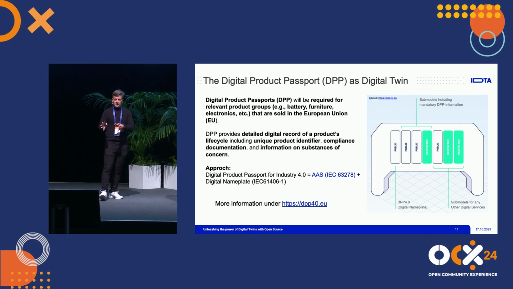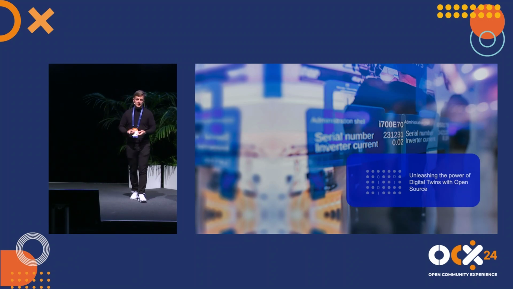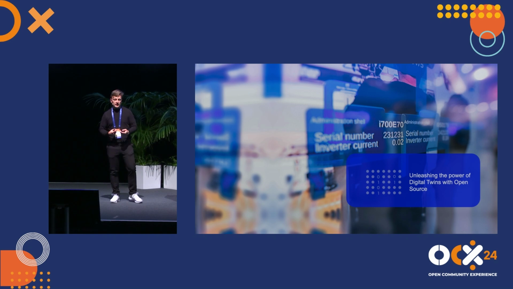And based on this concept or this idea of DPPs, I will show later on a showcase based on how to share carbon footprint data, which is actually part of a DPP, so that you understand how AES will be helping there, and then also to understand that actually many things will be supported by open source projects, which is actually driven, of course, together with the Eclipse Foundation. So now I hope you get some idea of the context, what is the AES and what it's being used for and why it's important.